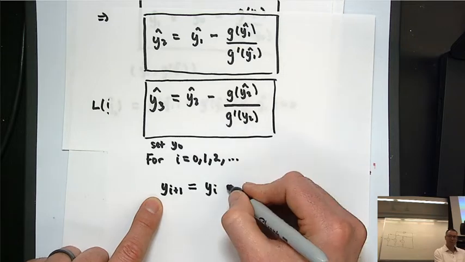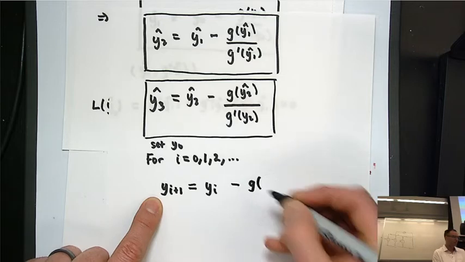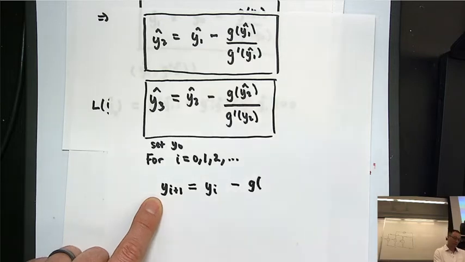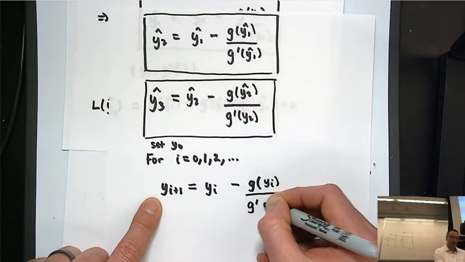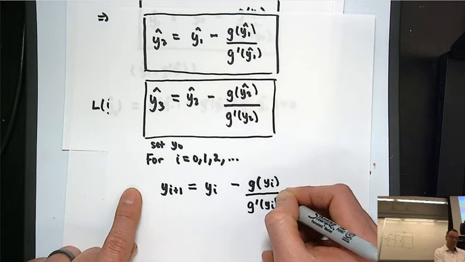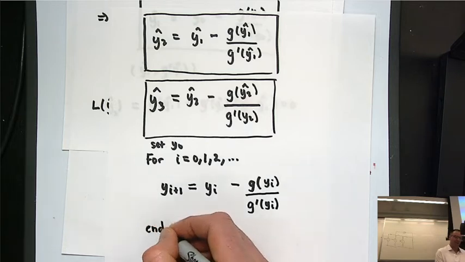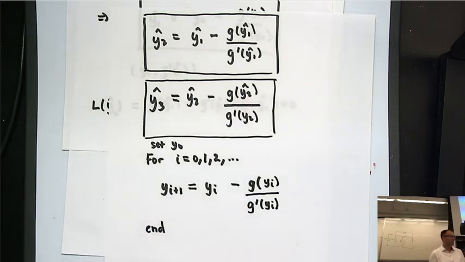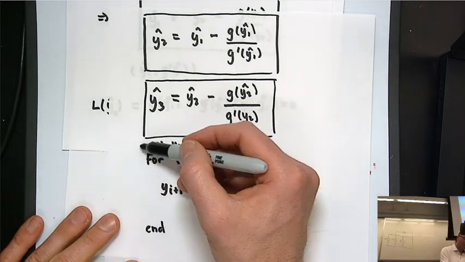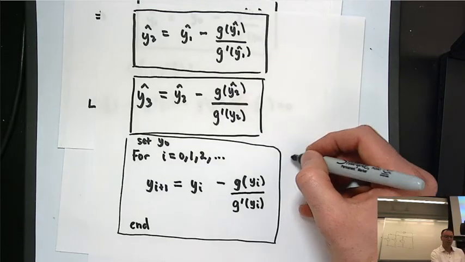The last iteration minus the value of the function evaluated at the last iteration divided by the derivative of the function evaluated at that, and eventually we'll have some end point, right? Like we'll stop eventually. Okay. So this general algorithm right here is Newton's method, but here's a claim. So, welcome to Newton's method.